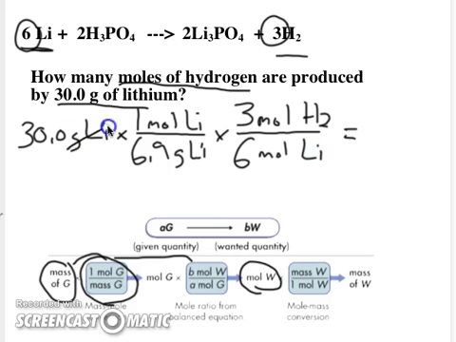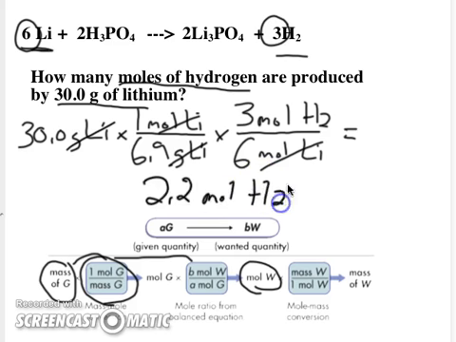Now for the math, we want to cancel out the units, and it would be 30 divided by 6.9 times 3 divided by 6. And that ends up being 2.2 moles of hydrogen. So that's an example of a two-step conversion problem.